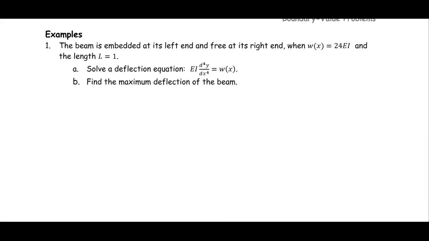Example: the beam is embedded at its left end and free at its right end, and w equals 24 times EI. The length L equals 1. We are going to solve the deflection equation, EI times the fourth derivative of y equals w, and then find the maximum deflection of the beam.